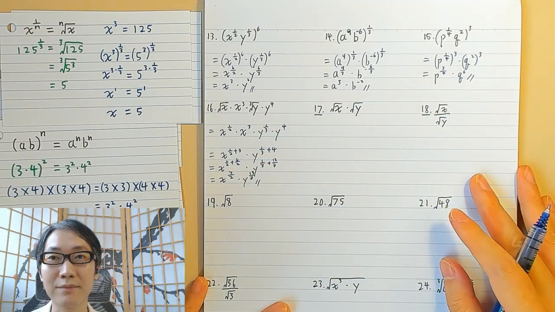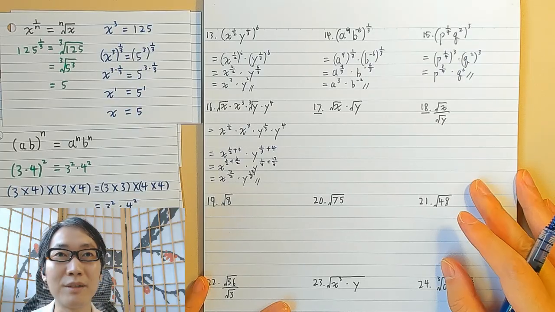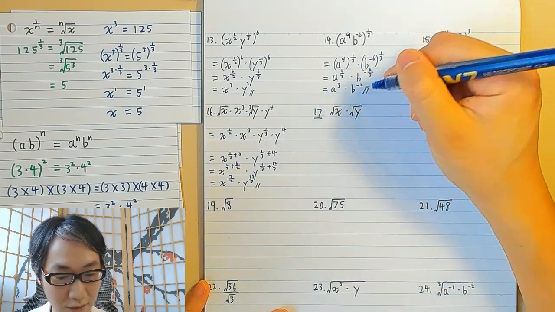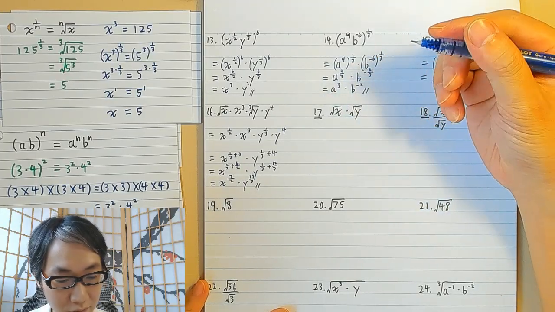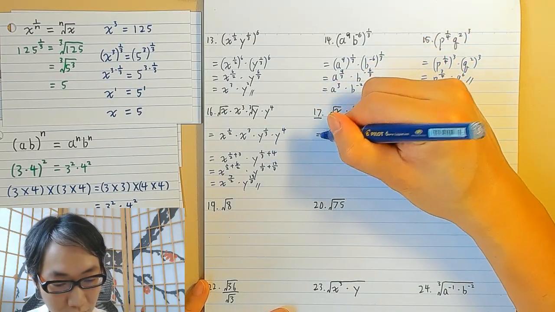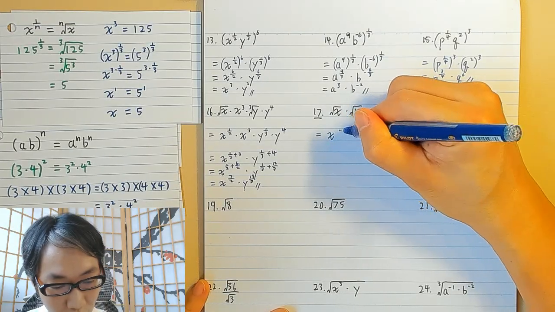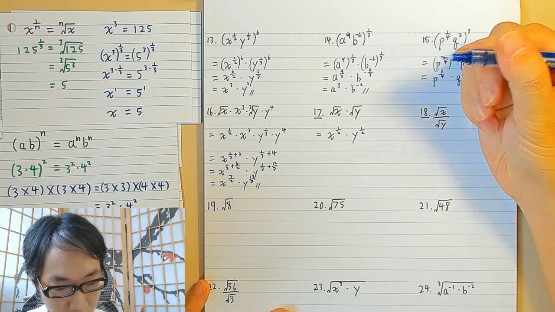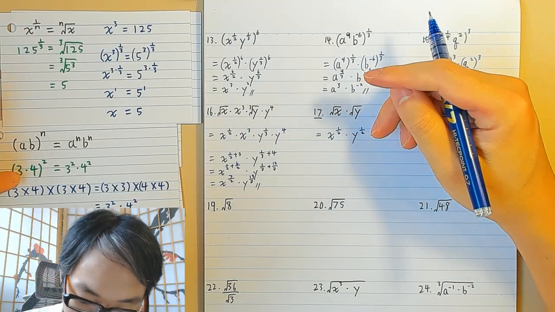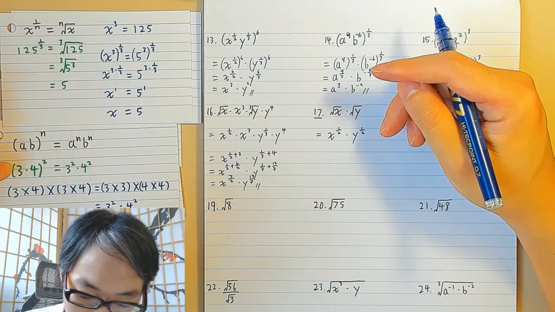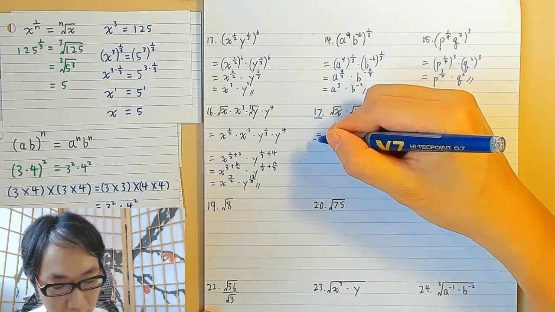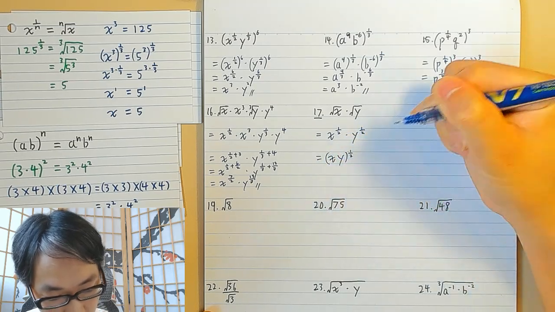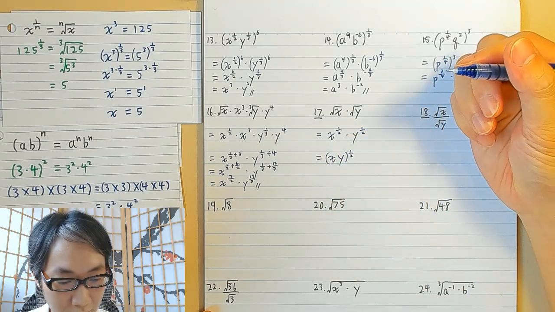Okay. And number 17. This is an important one. So again, we turn all of them into indice form. So this will be equals to x to the power of 1 over 2 times y to the power of 1 over 2. Then we undistribute using this one from right to left. So this will be equals to xy to the power of 1 over 2. Okay.